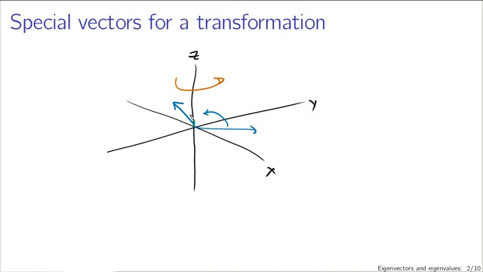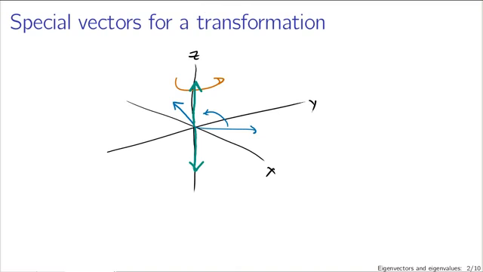A vector that points along the z-axis would remain unchanged, whether it's pointing upwards or downwards. These vectors that are unchanged in a transformation have some special status, and it's not simply the vector that points along the z-axis in a rotation like this.